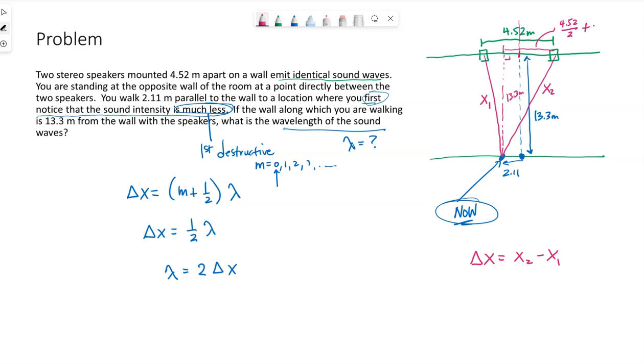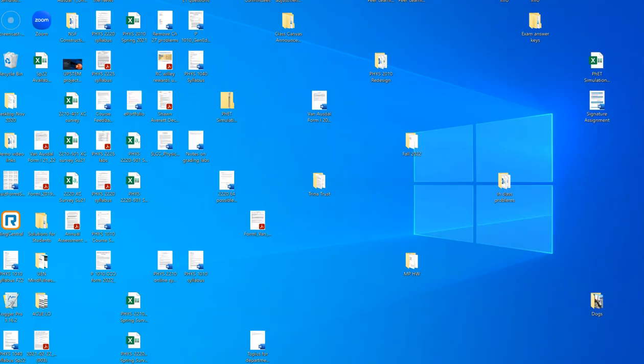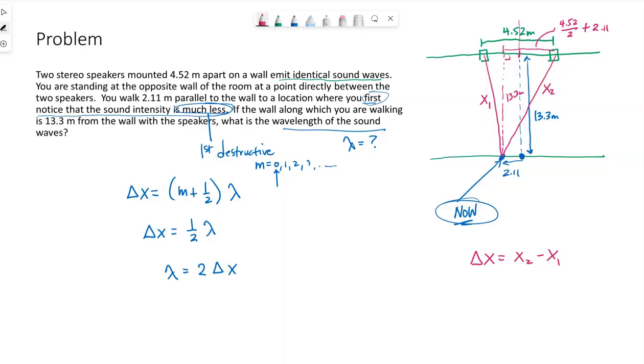But with the way I've drawn it, I then also walked 2.11 meters. So that horizontal distance is 4.37 meters. So that's the distance from this right-hand speaker to this, just horizontally to where we are now.